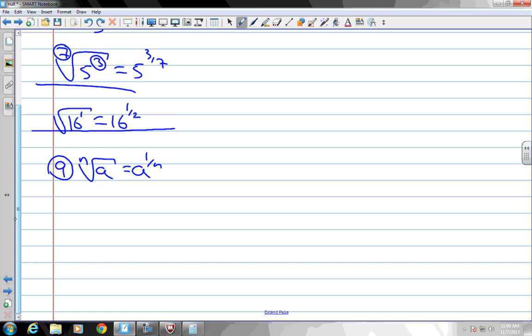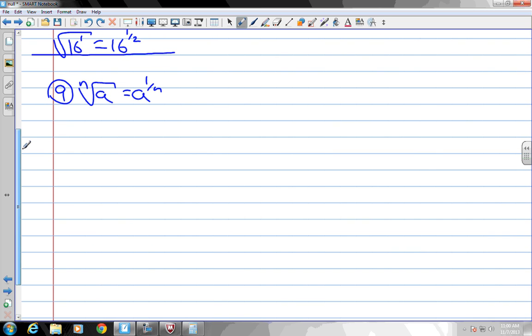Here's the cube root of 27. Okay? Cube root of 27. What is the power on top of 27? 1, right? It's just 27 to the power 1. So what this rule suggests is that the cube root of 27 is the same as raising 27 to the power 1/3.